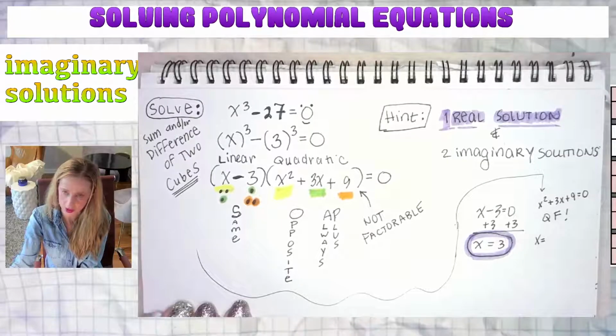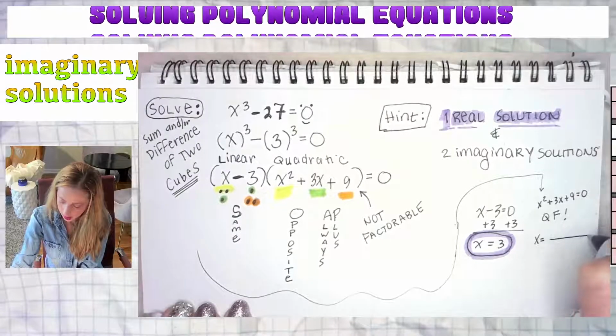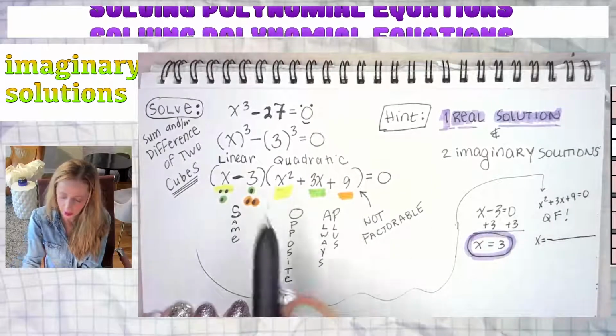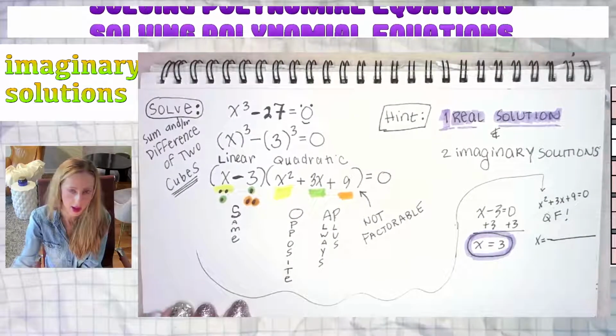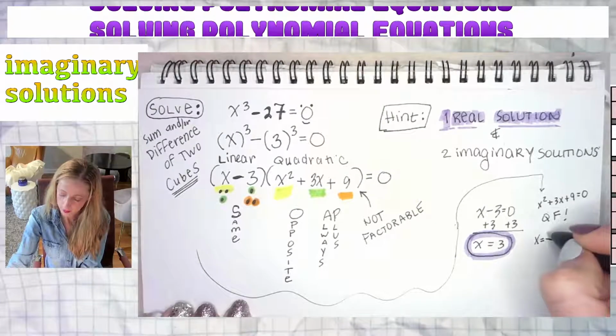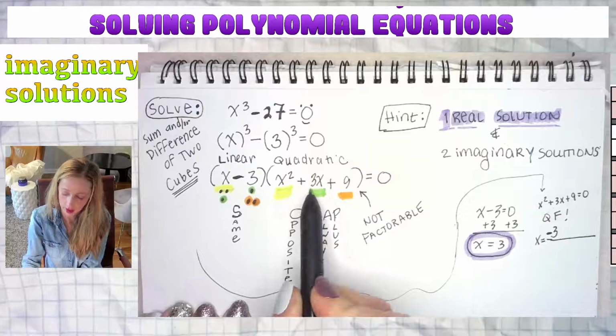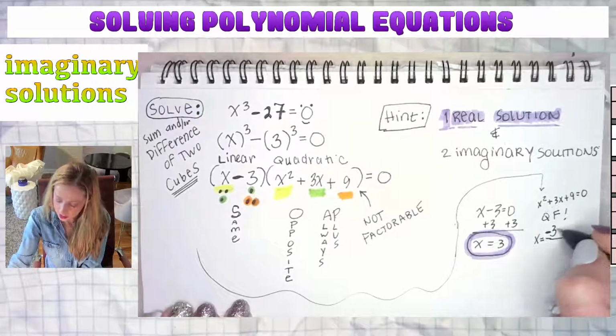x equals, nice and slow, ready? I'm a little bit squeezed, but we'll get there. Negative b. What do I put for negative b? Help me out, we're almost done. Negative 3? Good. Plus minus the square root.